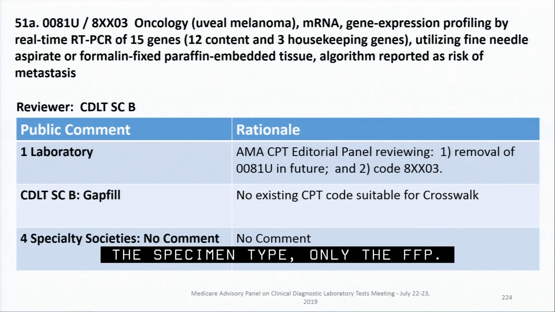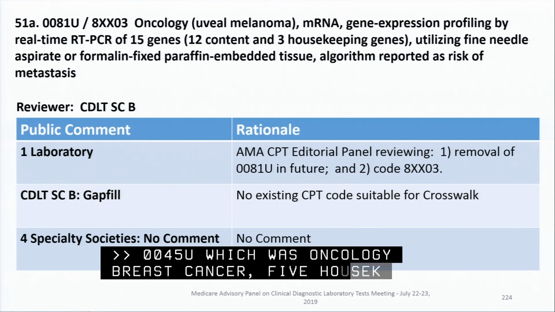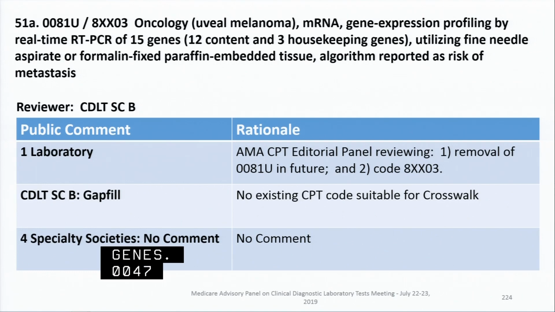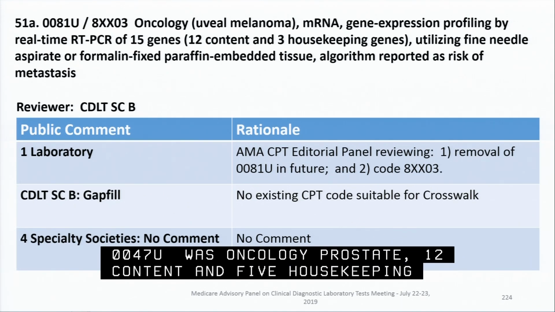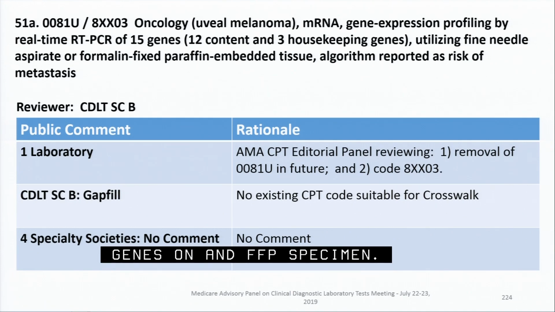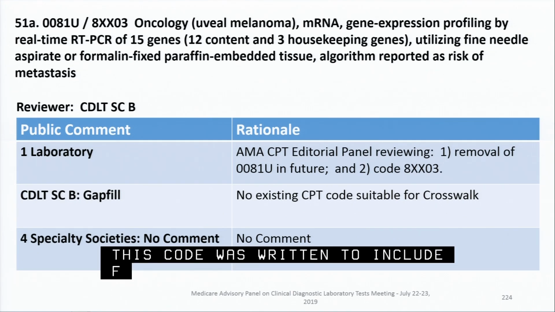Those codes were 0045U, which was oncology breast cancer mRNA, 7 content and 5 housekeeping genes on FFPE. And then 0047U was oncology prostate mRNA gene expression, 12 content and 5 housekeeping genes on an FFPE specimen. And this code was written to include not only FFPE, but also the FNA, fine needle aspirate.